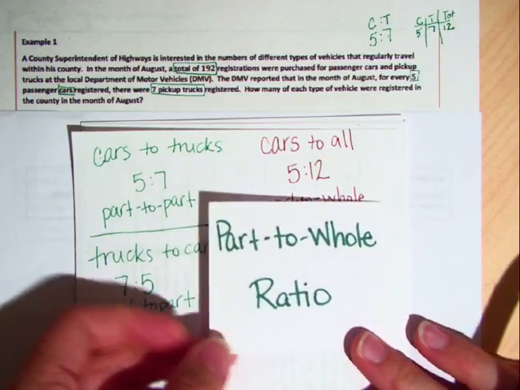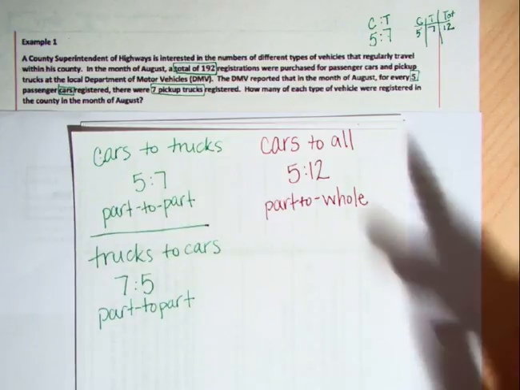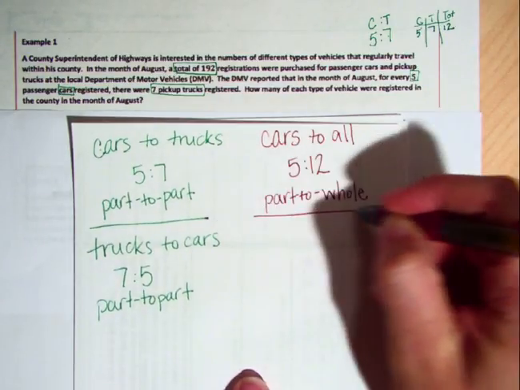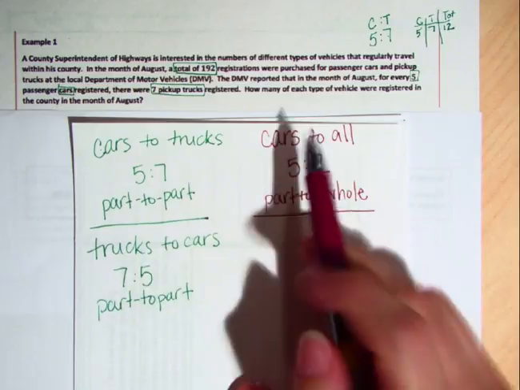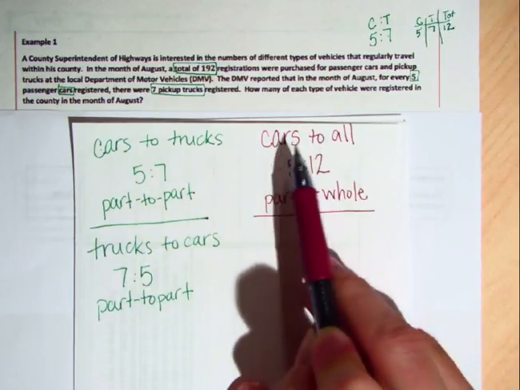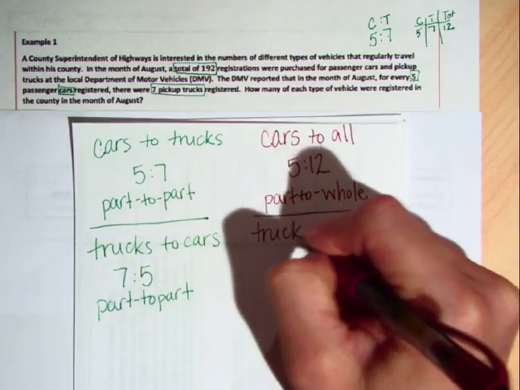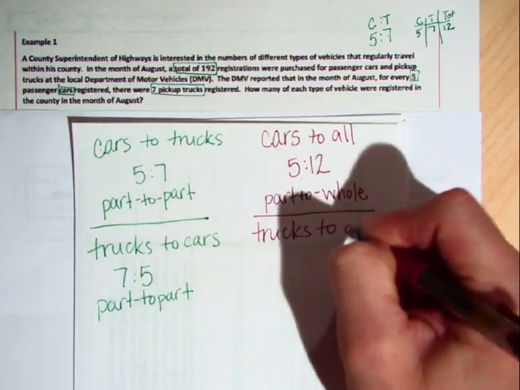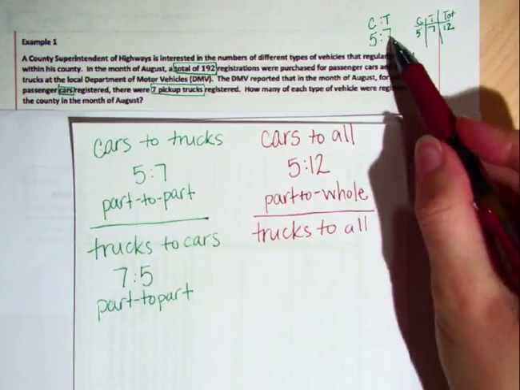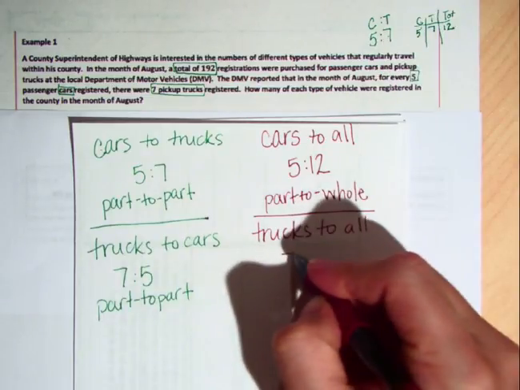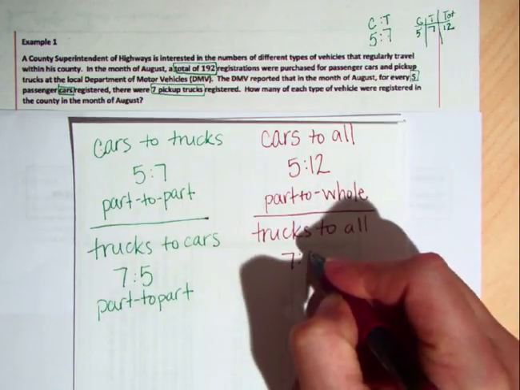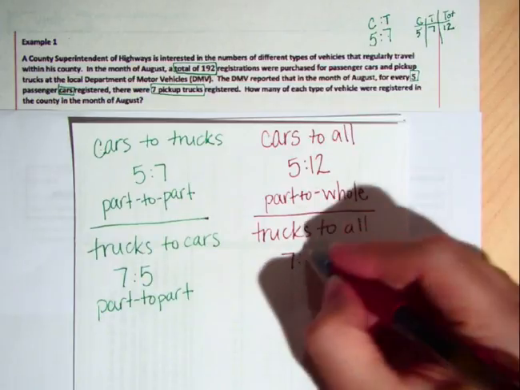Okay, we need one more because we need 4 different ratios. We did cars to all of them. What if we did trucks to all of them? Well, there are 7 trucks. Good thing I took notes on my problem there. And all of them, there are 12.